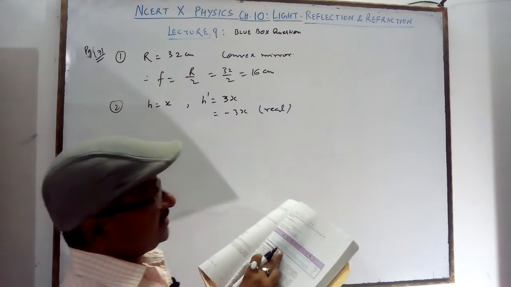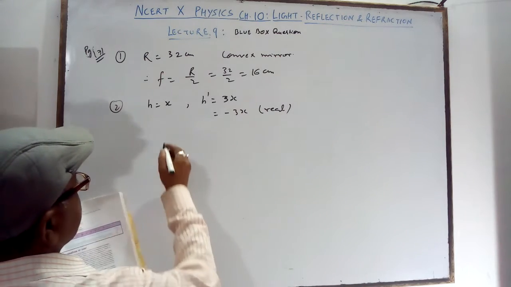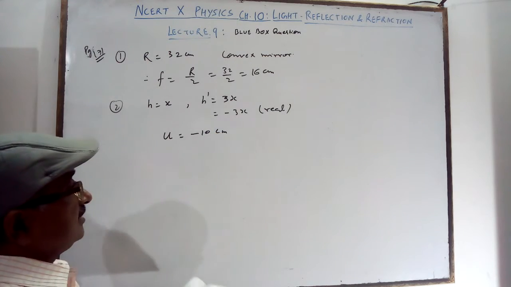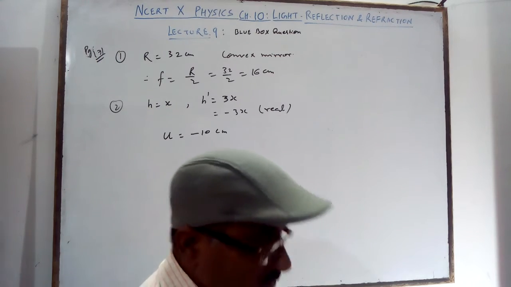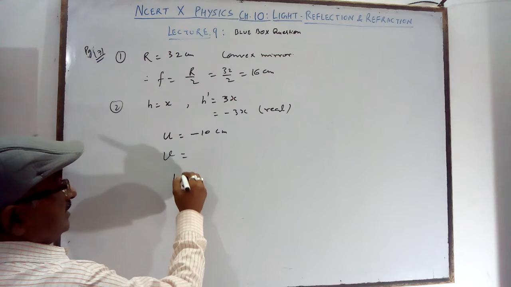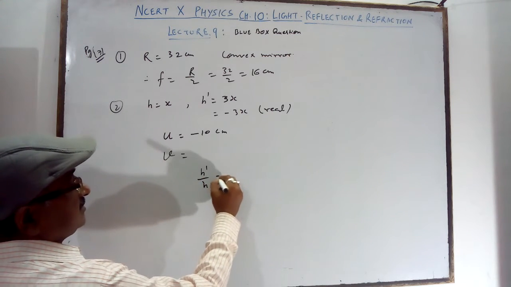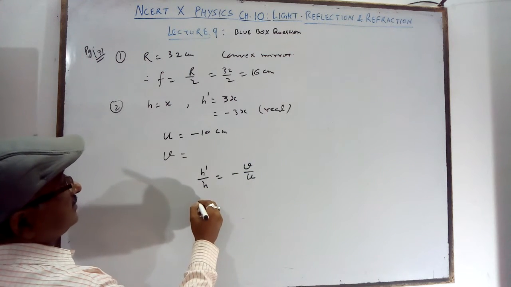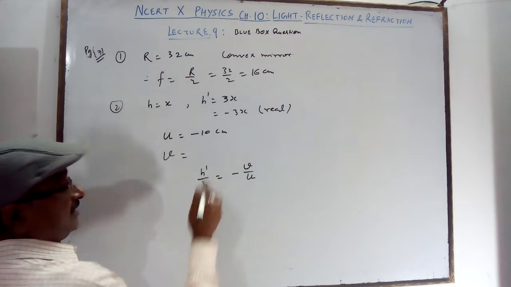The object is placed at 10 centimeter in front of it, so u is equal to minus 10 centimeter. Where is the image located? Image located means you want to find out v. So h dash upon h is equal to minus v by u. H dash is given minus 3x, because it is real.